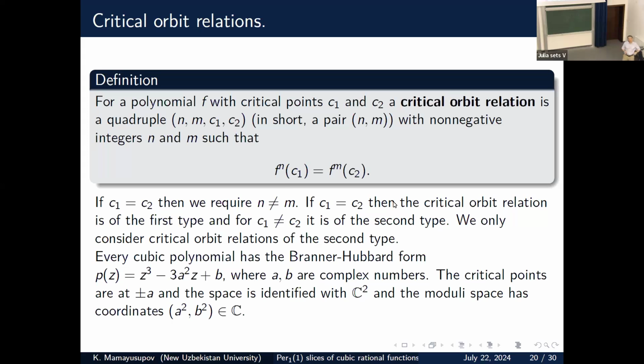Before, critical points solved a quadratic equation, and marking is super hard in that case. Here they are marked at plus minus a. So you can identify the space by these two parameters, a and b, but some of them are conjugate, and the moduli space is given by coordinates a squared and b squared.